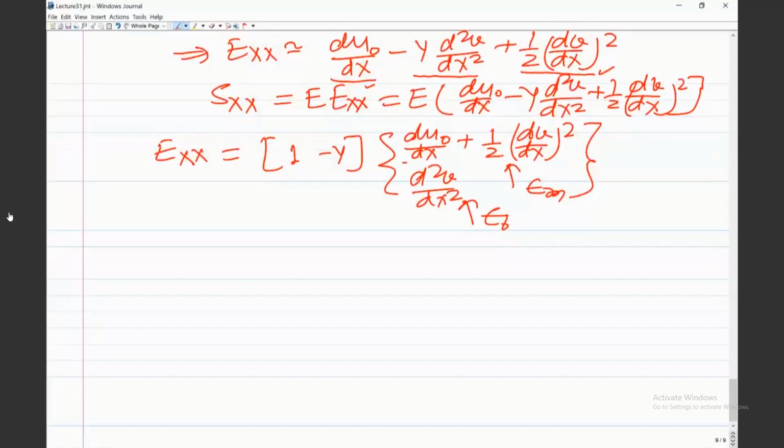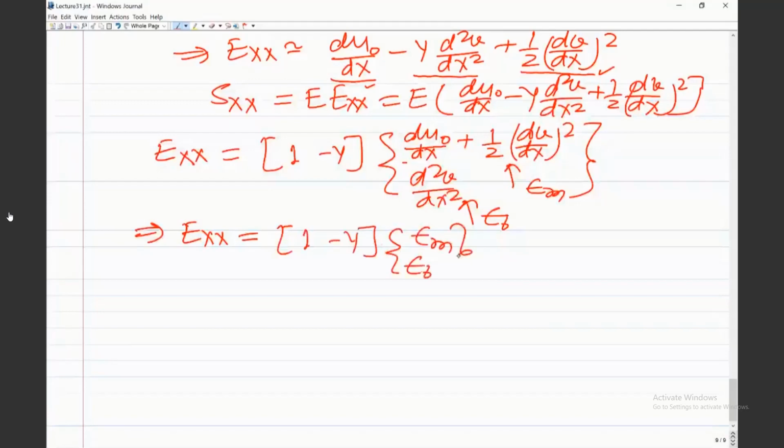So now based on this, you can write this Exx. These are some terminology we use: membrane term, bending term, and so on. So we'll have 1 minus y, and the first one I'm calling epsilon m, and the second one epsilon b. Now from this, you can say the variation of Exx would be 1 minus y into delta epsilon m and delta epsilon b.